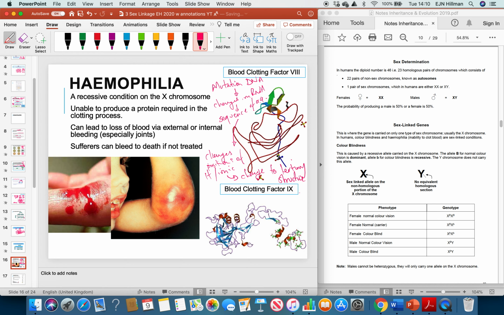Okay, so haemophilia is caused by a recessive allele on an X chromosome. Very similar pattern of inheritance, exactly the same in fact, to the red-green colour blindness.